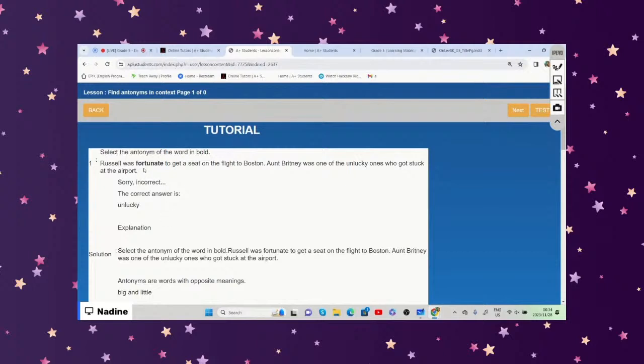Russell was fortunate to get a seat on the flight to Boston. Aunt Brittany was one of the unlucky ones who got stuck at the airport. So if we look at the sentence over here, we need to find the word within the second sentence that is the opposite of fortunate.